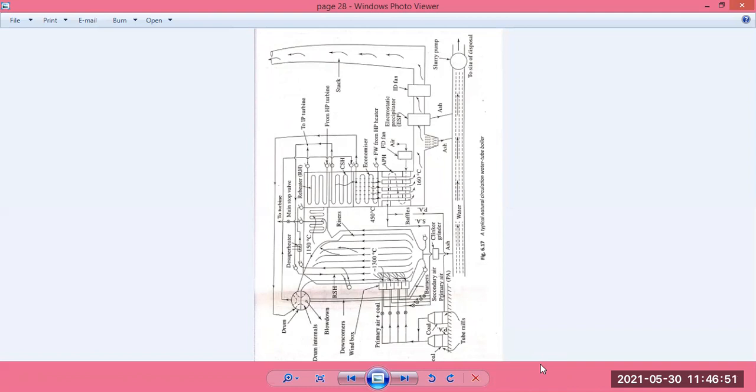The riser tube receives heat mainly from the radiation of combustion gases and boils. Mostly the heat is available by radiation of the gases, means the heat generated is transmitted to the walls of the tubes itself, but it does not come directly from the burning flame of the fuel.